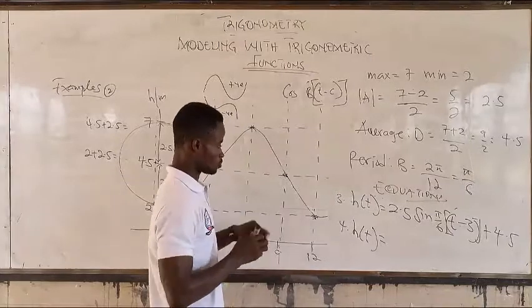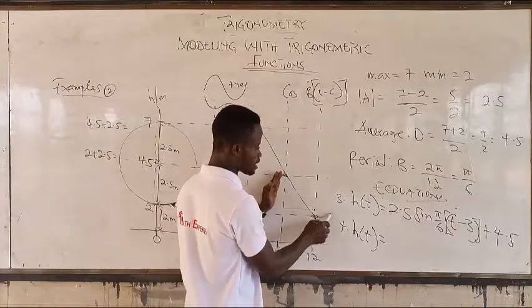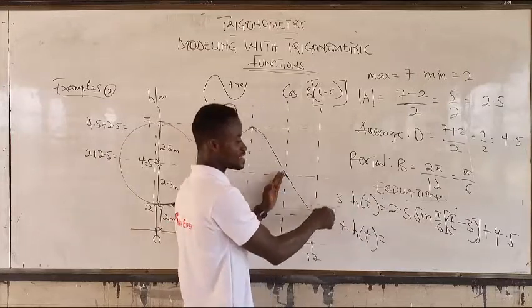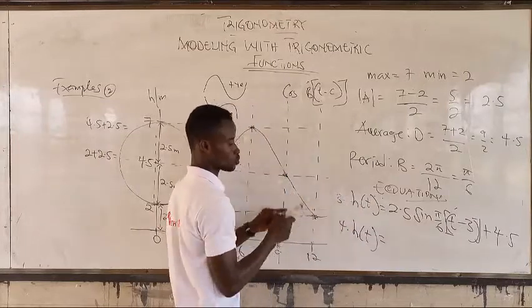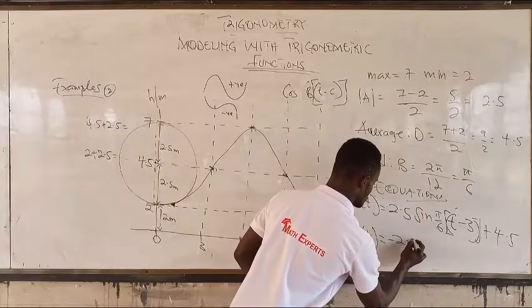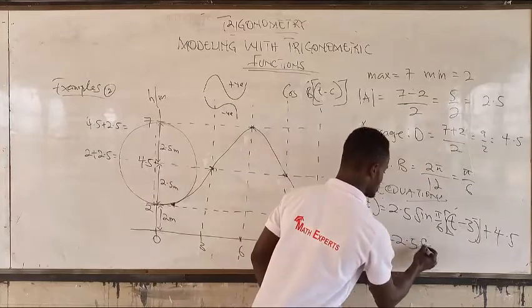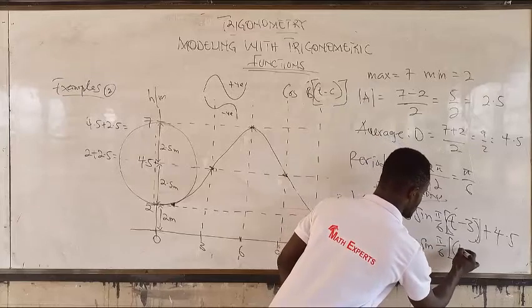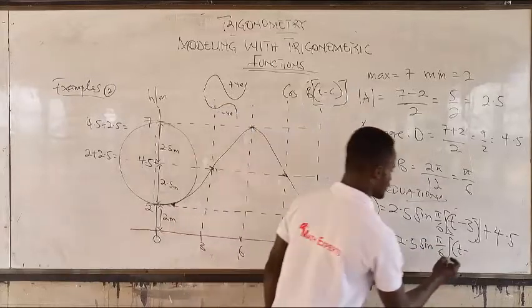So backwards. It starts from here, then it opens downward here. So there's going to be a negative amplitude. Sine pi over 6 times t minus 9.